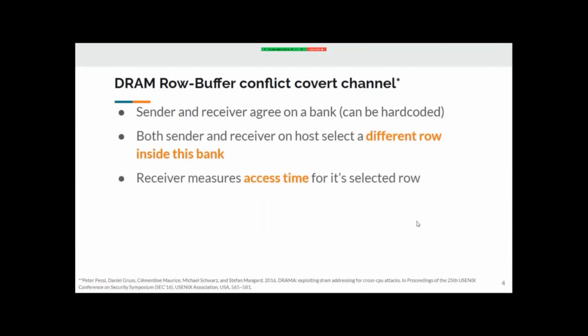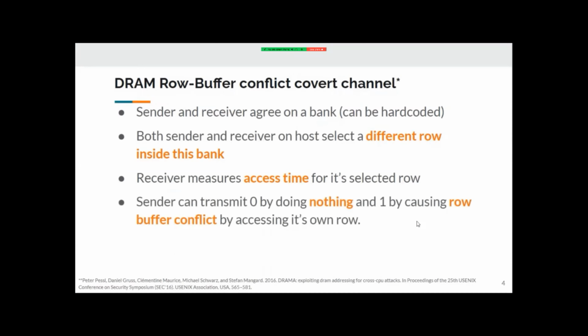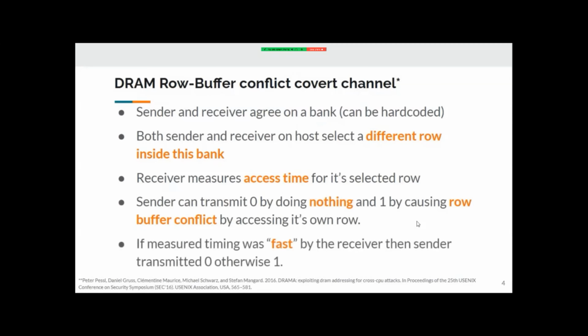Repeated access by the receiver ensures row buffer hit, that is faster access. The receiver interprets this to be 0. When the sender wants to send 1, it accesses its own row, causing a row buffer conflict for the receiver, giving slower access time. This is interpreted as 1 by the receiver.